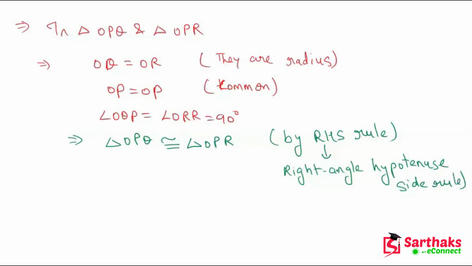It means two triangles are congruent when in those triangles there is one right angle, the hypotenuse is equal and one side is equal. So in this case one side is equal, OP is common, which is the hypotenuse, and one angle is 90 degrees.